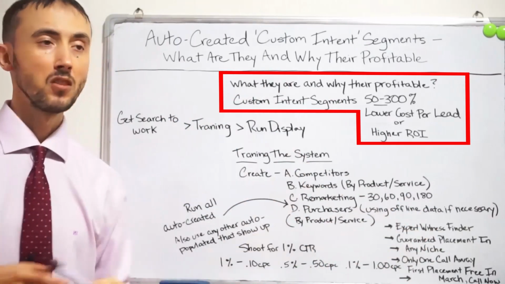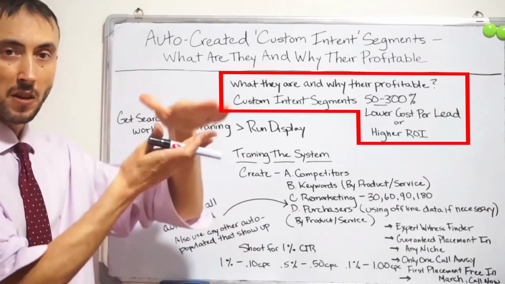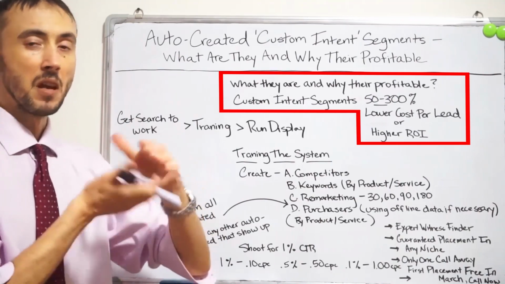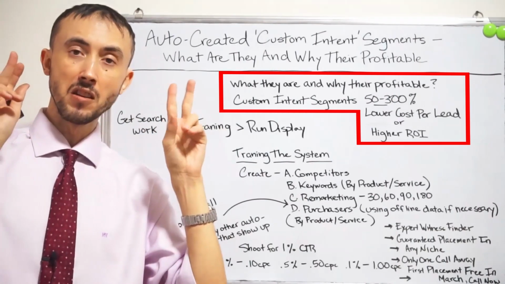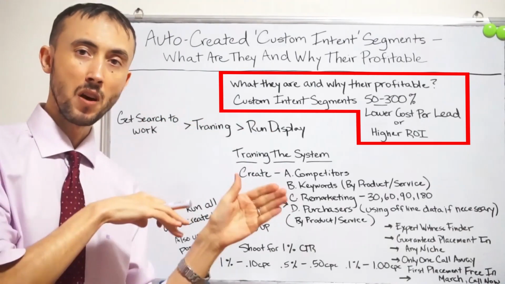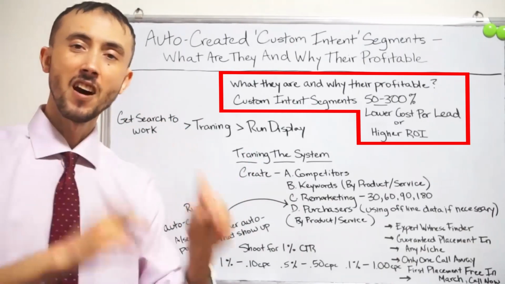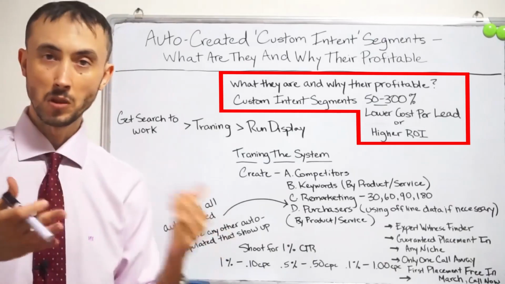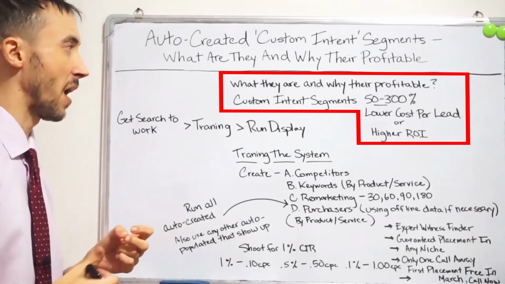So basically, whatever your combination of things that you want people to have done to have your ad show up for them, from what Google will have as a new auto-created custom intent segment that's based upon the initial custom intent audience that you set up, it'll work 50 to 300% better, respectively, as I've found consistently on the many times that I've done this in the past.